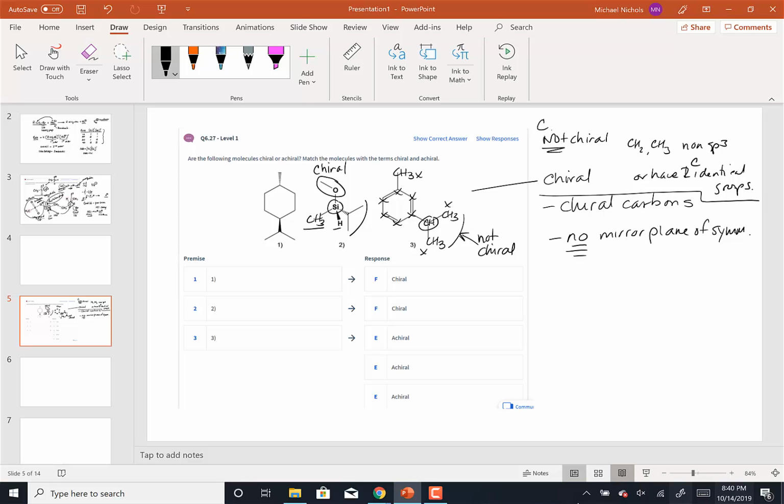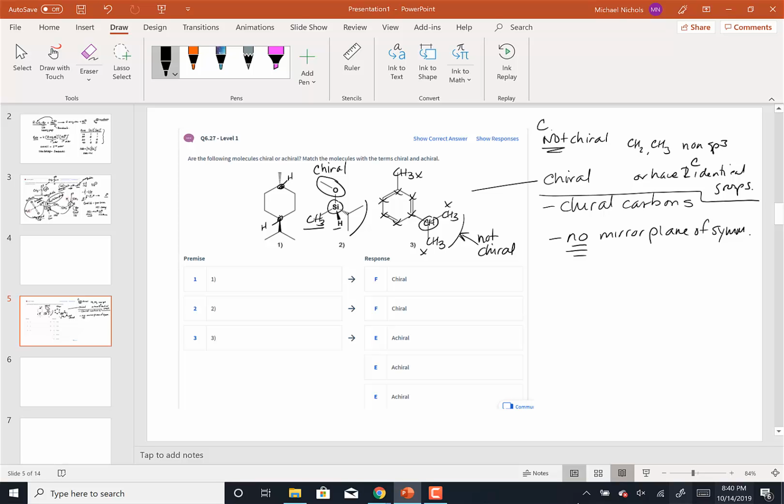And then finally, number 1, if we look at 1, do we have any chiral centers? We sure do. We have these 2 carbons. Can I pass a mirror? Well, let me go back, and maybe we don't. So if I look at this molecule, do I have 2 chiral centers here?